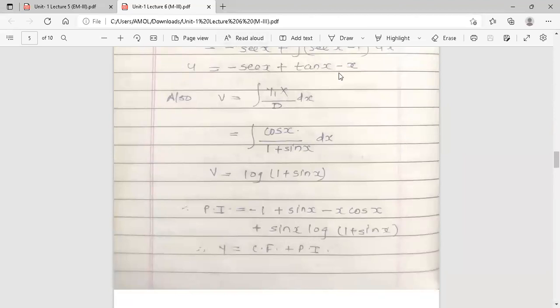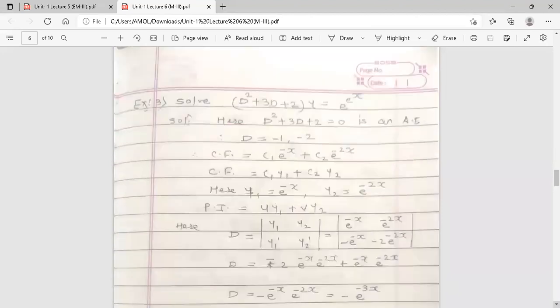If we multiply this u by cos x, the sec x will get cancelled. Here it will be minus 1 only, plus tan x into cos x will be only sin x, minus x into cos x. So this is the first term, u y1, plus v y2. v is log of 1 plus sin x, into y2, and y2 is sin x. So this is your PI, and then the general solution is y is equal to CF plus PI, complementary function plus particular integral.